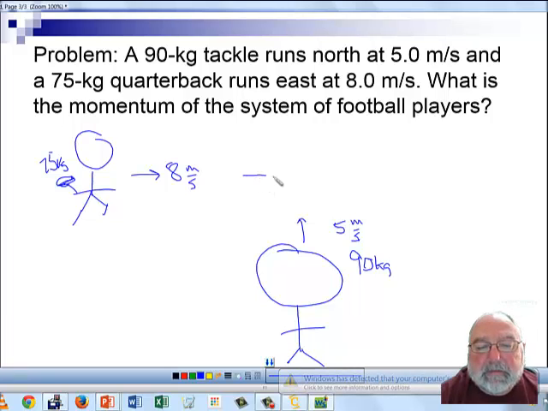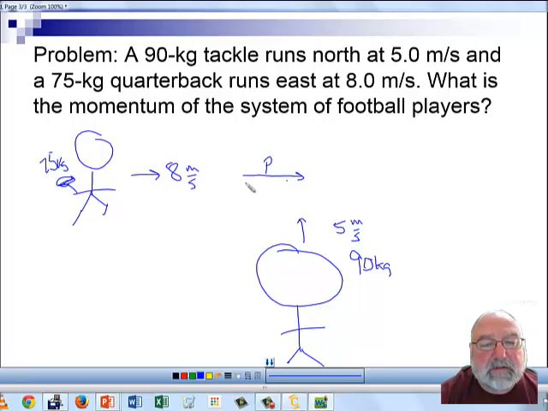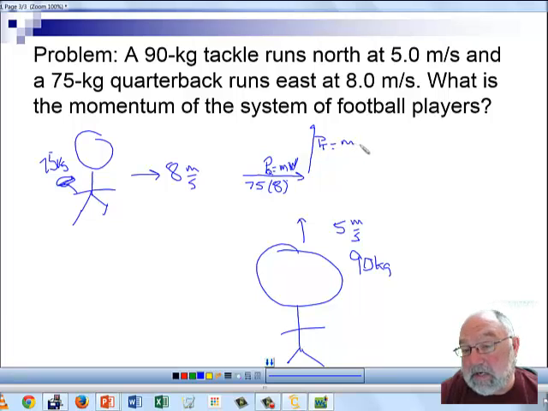The quarterback's momentum is 75 kilograms times 8 meters per second, east. The tackle's momentum is m of the tackle times v of the tackle, 90 times 5, in the north direction.